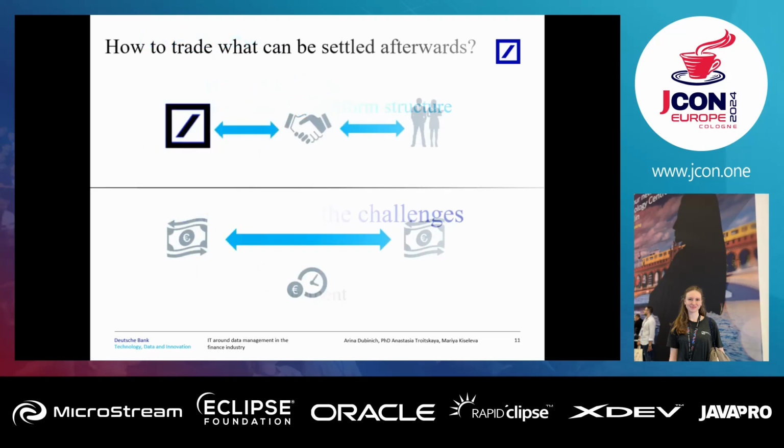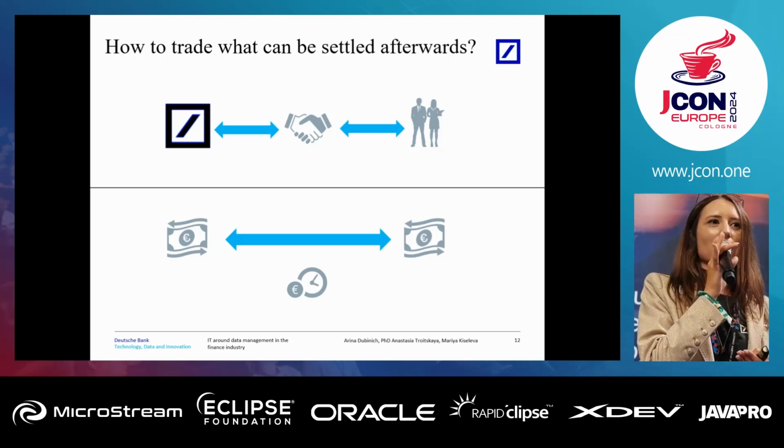So let's move further. The first type of validation. Imagine that we have agreed with the client that we trade. So we have provided the price, and both sides know that this particular amount of assets needs to be transferred at that time for this particular price. What if we do not have an account? So the account is not opened. Such a process to move the assets and to move money is named settlement.